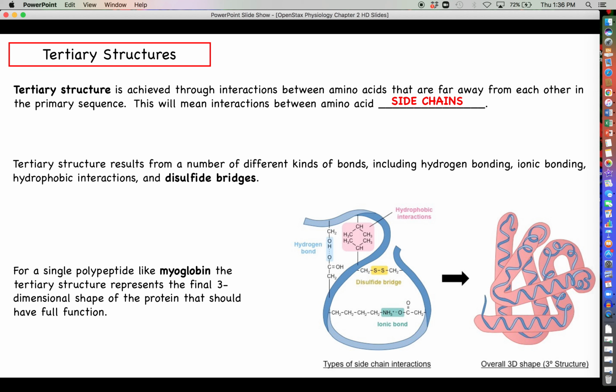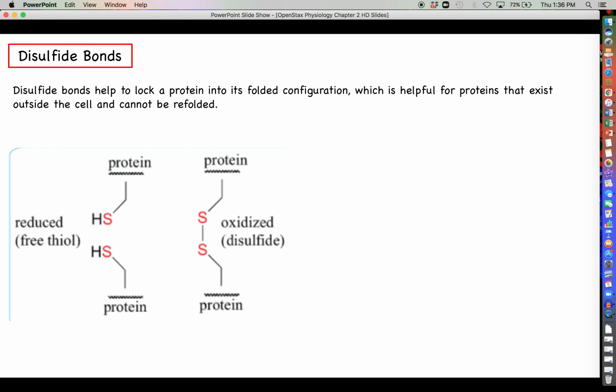Now, for a single continuous polypeptide like myoglobin, the tertiary structure is as far as you go with the folding process. That is the final three-dimensional shape of that protein because that protein exists all by itself. So we're not going to take it any further than that as long as we are talking about one individual polypeptide that acts all by itself. We'll have more to say about cases in which that doesn't apply a little bit later on.